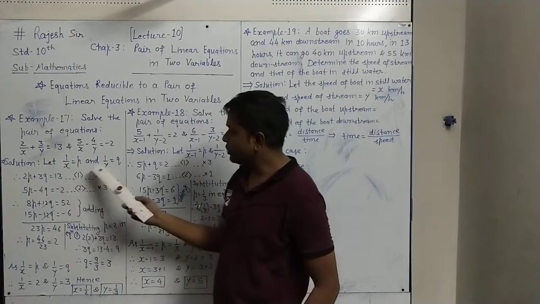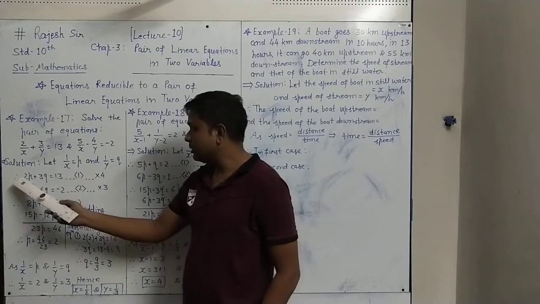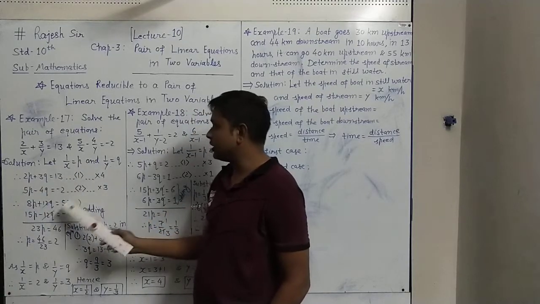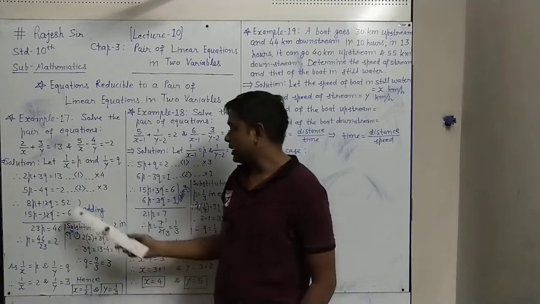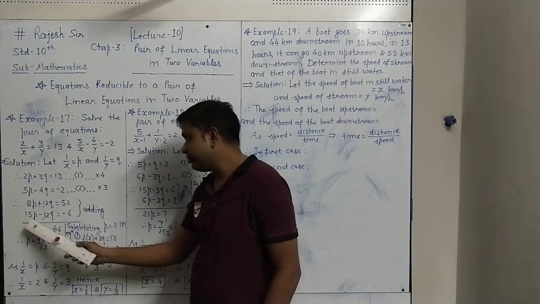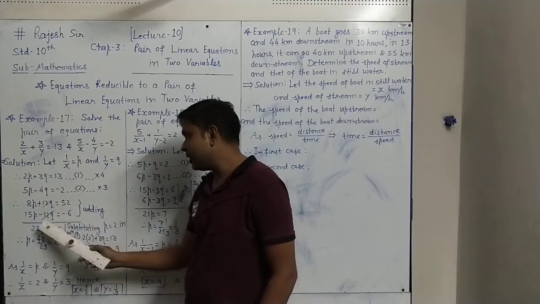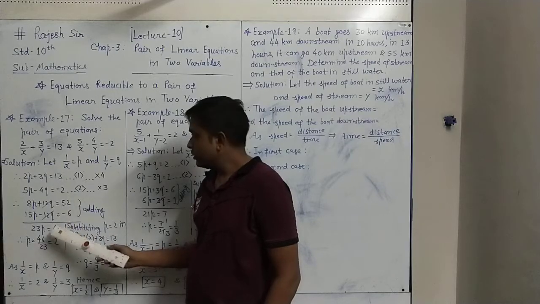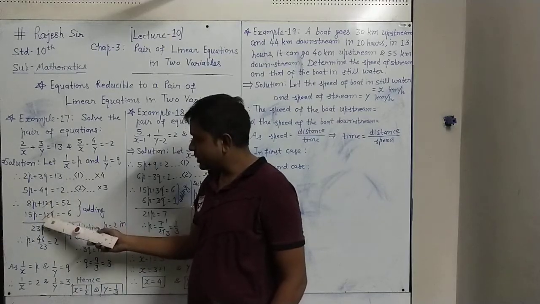So the whole equation when multiplied by 4 becomes 4 times 2 is 8p plus 4 times 3 is 12q equals 4 times 13 is 52. And equation number 2, multiplied by 3, gives 3 times 5 is 15p minus 3 times 4 is 12q equals 3 times minus 2 is minus 6. As you can see, the q coefficient is made equal.